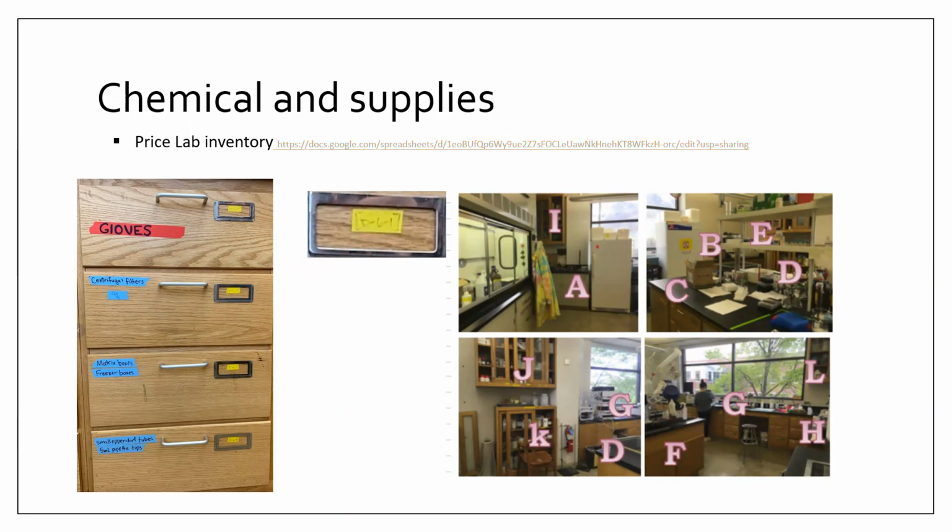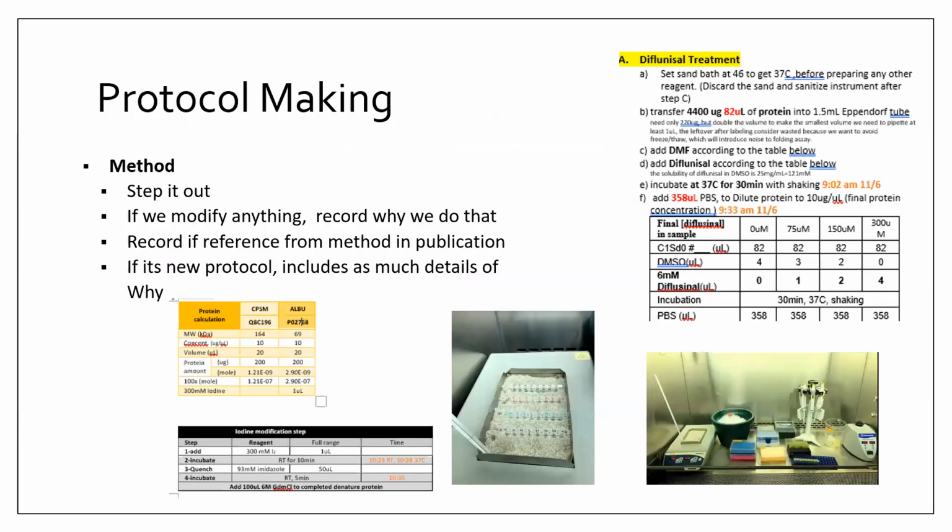Okay, so let's go back to making the protocol. The next thing is the method. You're going to step the method out, just make sure you can follow it stepwise. It doesn't matter how many steps you have as long as it is clear.